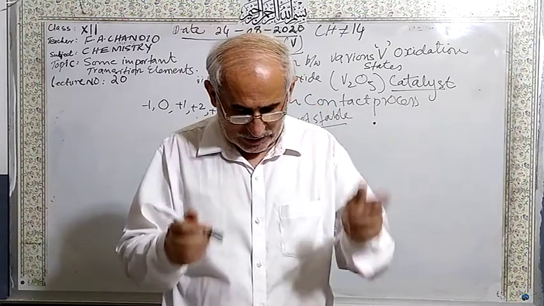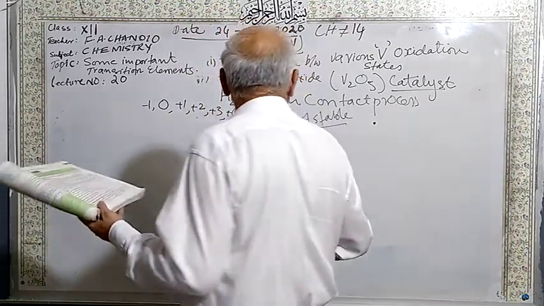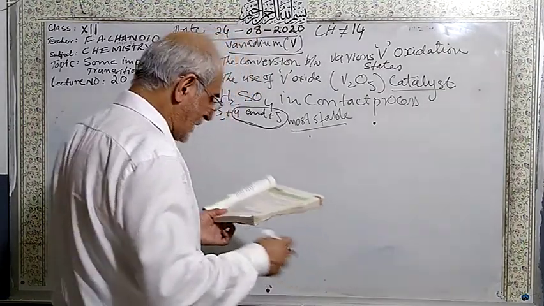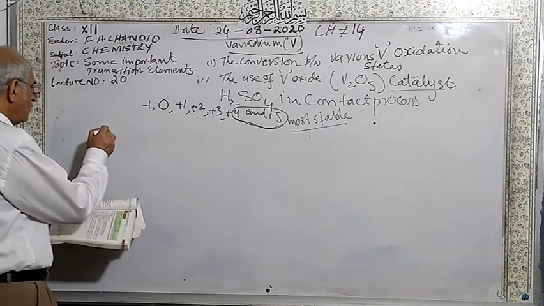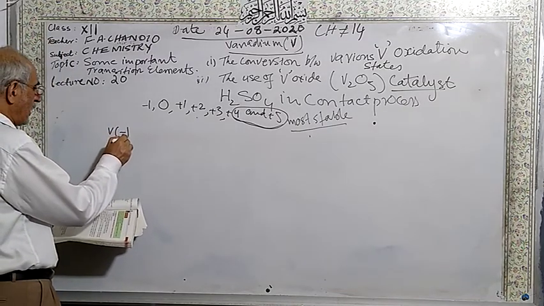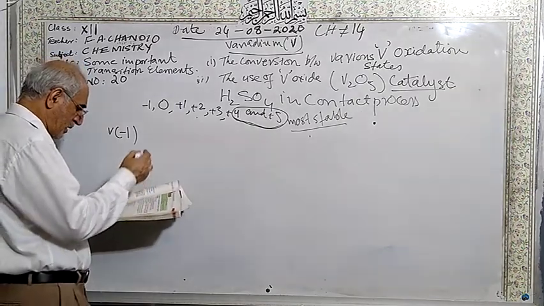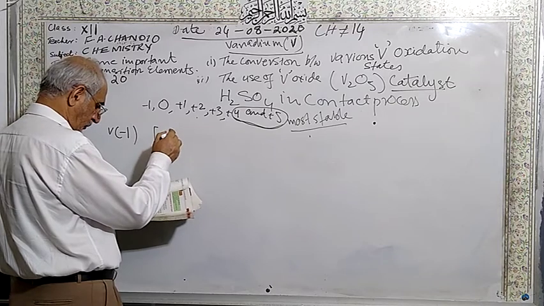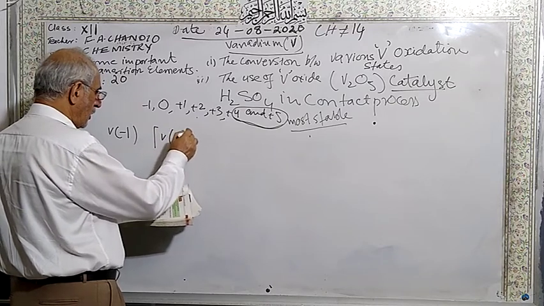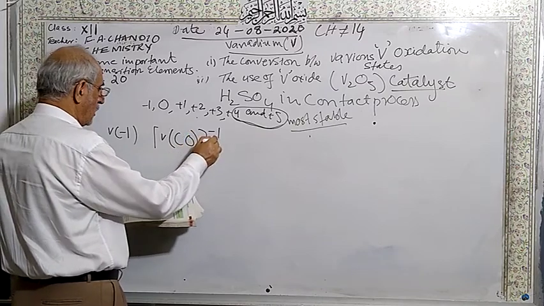Now, we have many examples. I'm going to write a few examples here. Suppose vanadium shows the -1 oxidation state. A simple example I am writing here, like this one.